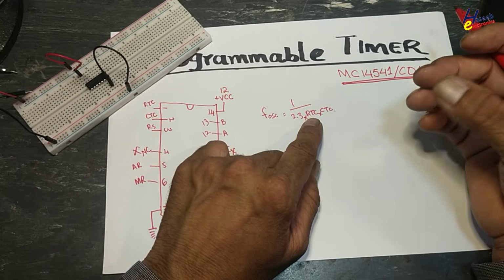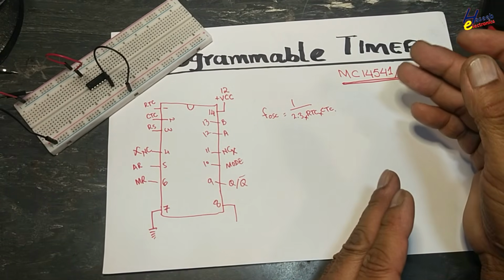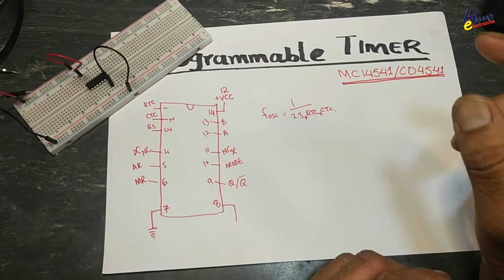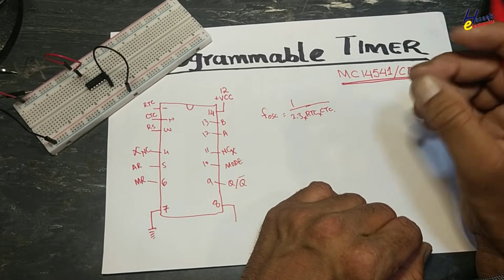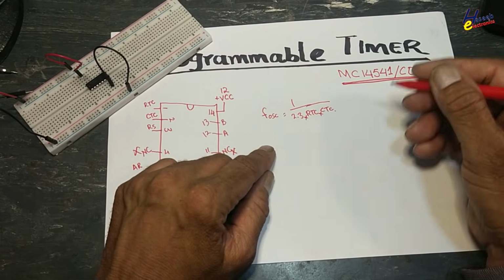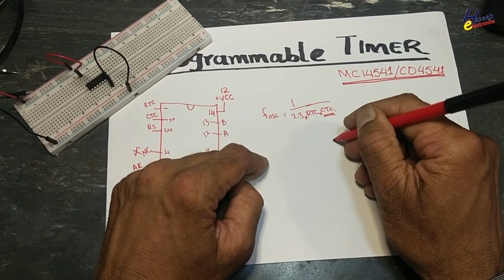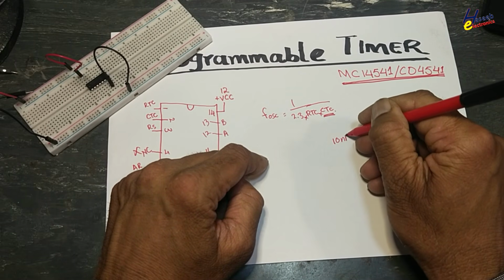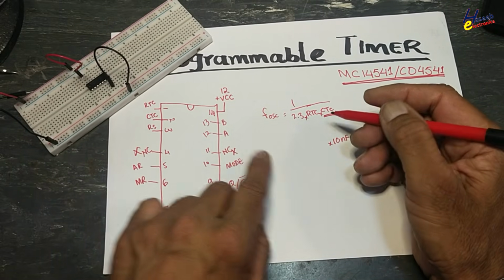We can adjust the resistor as per our requirement, but for capacitors it is very hard to get exact values. So it is best to select a fixed capacitor and then select the resistor value. For the capacitor, we will select an approximate value of 10 nanofarad. We want to know RTC, the timing resistor.